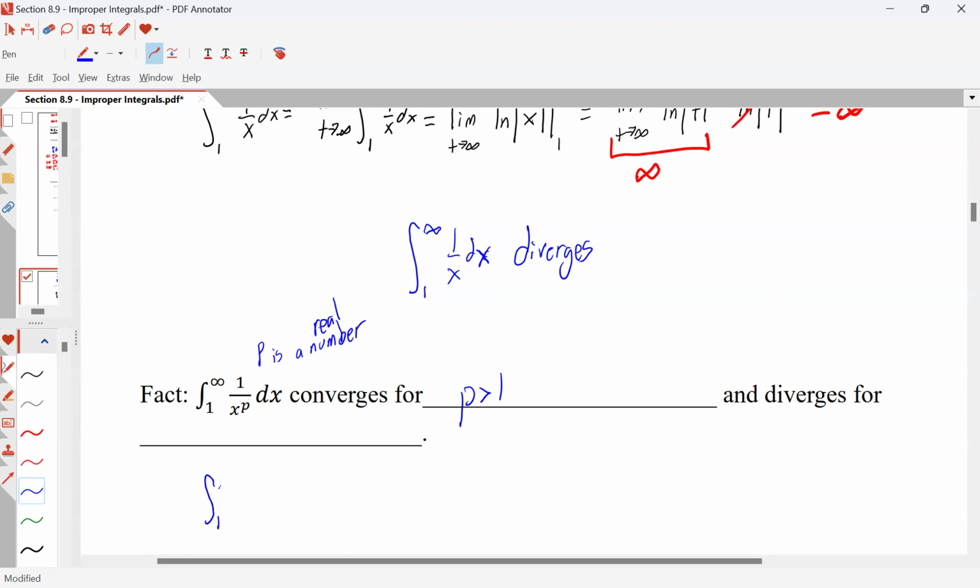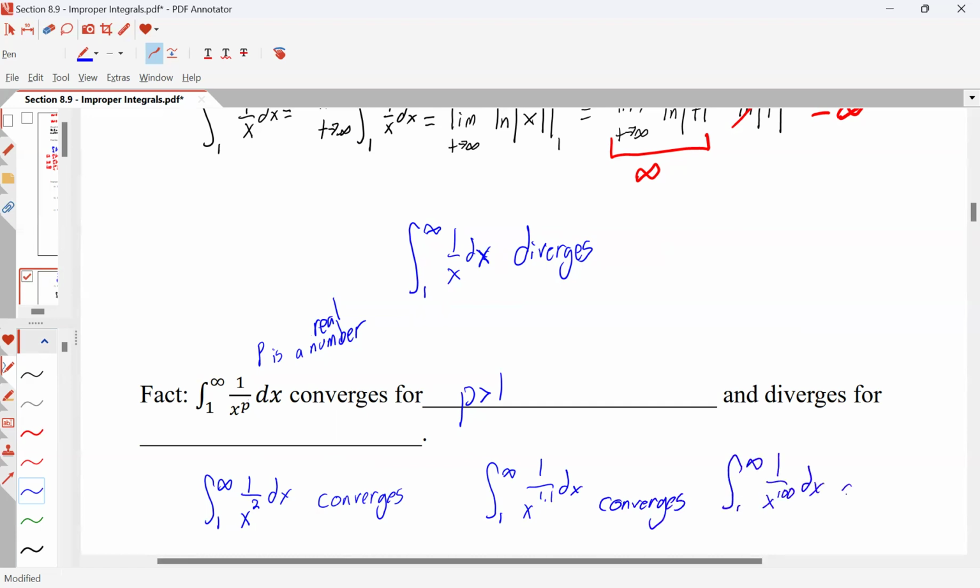So the integral from 1 to infinity of 1 over x squared dx converges. The integral from 1 to infinity of 1 over x to the 1.1 converges. The integral from 1 to infinity of 1 over x to the 100 converges. So we know that for all p greater than 1.